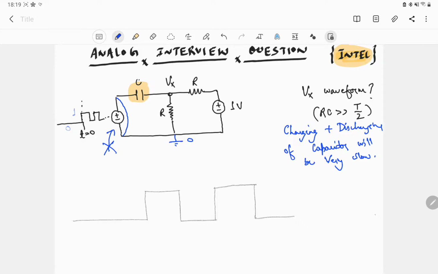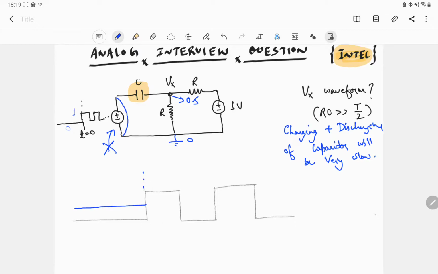The 1 volt source, and this capacitor will be open circuited in the steady state condition. So this 1 volt will be divided between R and R. So 0.5 voltage will be there. So we can make the waveform just like the previous one.